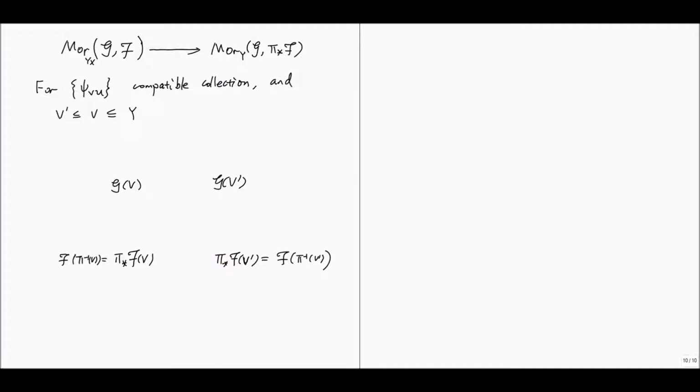We see pi inverse of V can play the role of U, and pi inverse of V prime can play the role of U prime. And pi of pi inverse of V is contained in V, and pi of pi inverse of V prime will be contained in V prime.